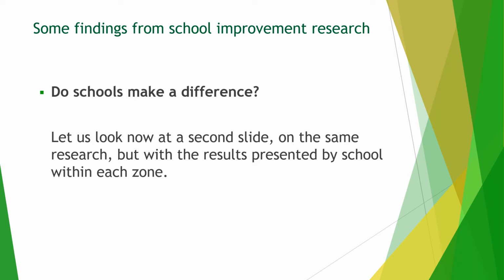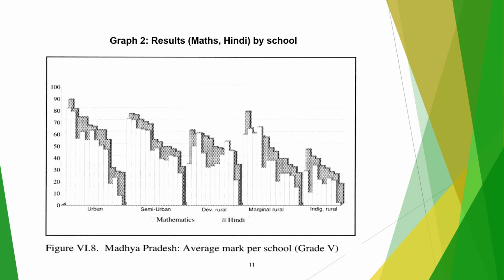Now we are going within that zone, show the results by school. This is the graph that you can see, and it shows results for two subjects, mathematics in white, Hindi in gray. It shows the average mark per school for grade 5 students.